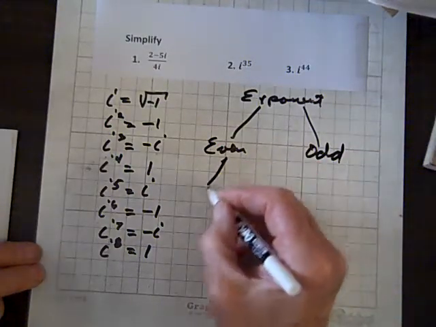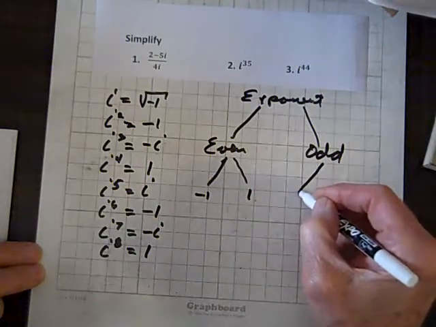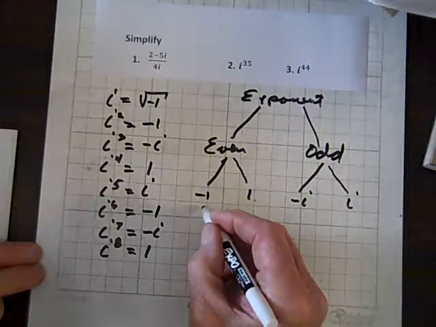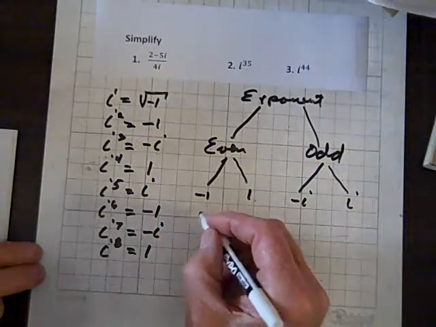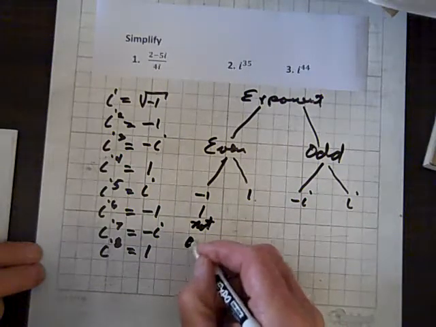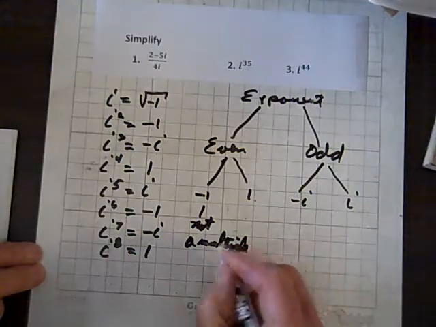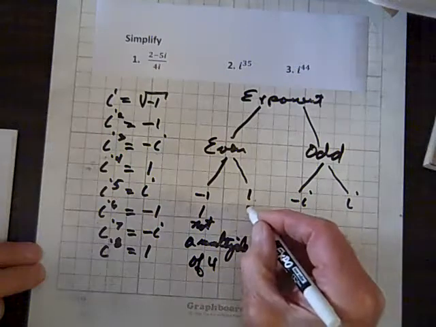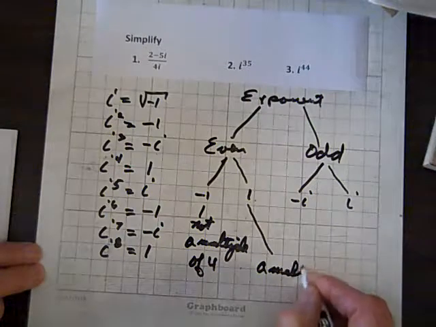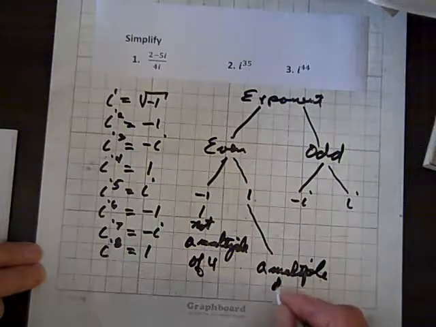The only options are -1 or 1, -i or i. It's -1 if the exponent is even and not a multiple of 4. You get a 1 if it's a multiple of 4.